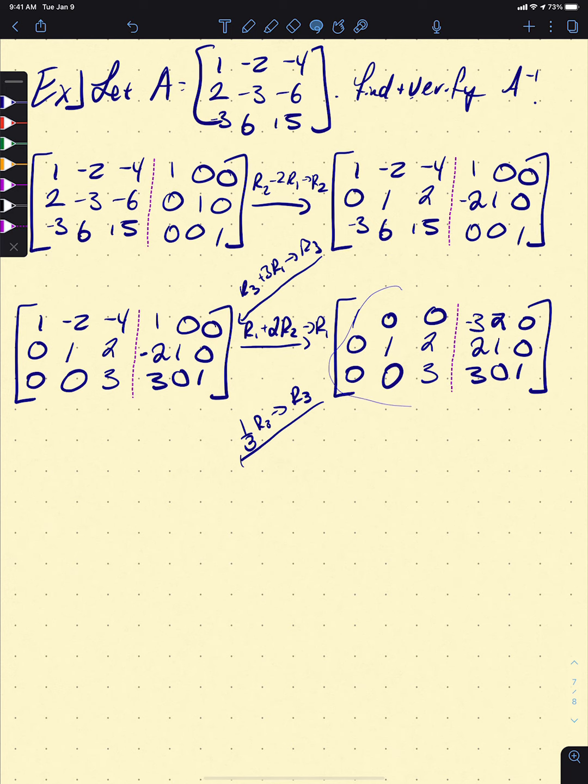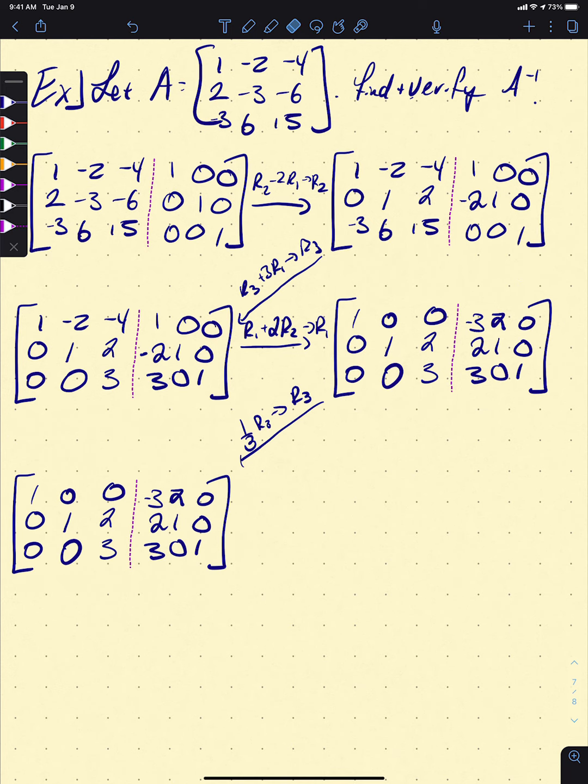And so what that's going to do is take each of these entries and divide them by 3, right? So 3 becomes 1, our 3 becomes 1, and our 1 becomes 1/3.